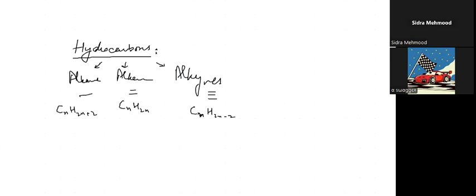If we have 3 carbons, its hydrogens should be 2 into 3, which is 6, plus 2. How many hydrogens? 8. These formulas tell us how many hydrogens are attached to the carbon atoms.